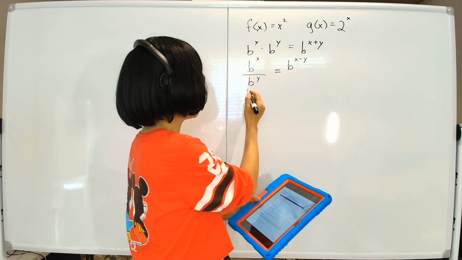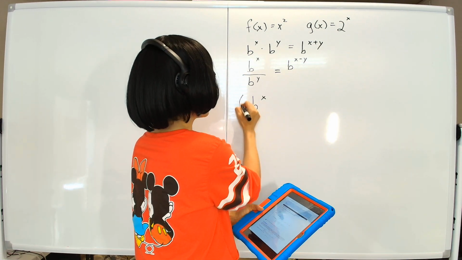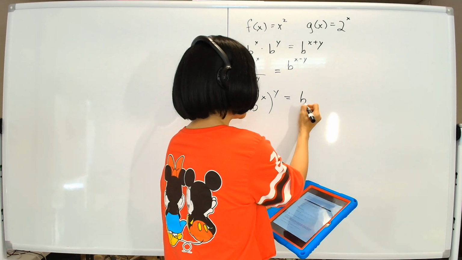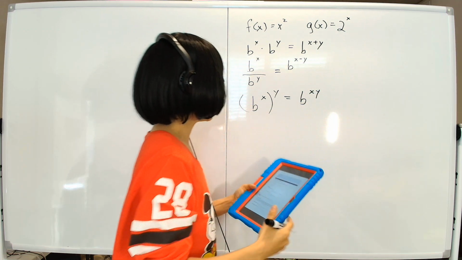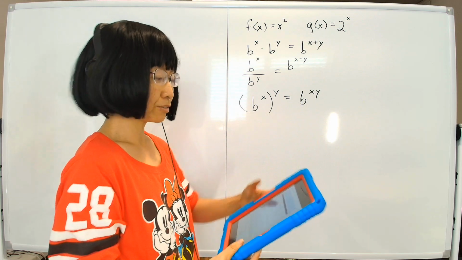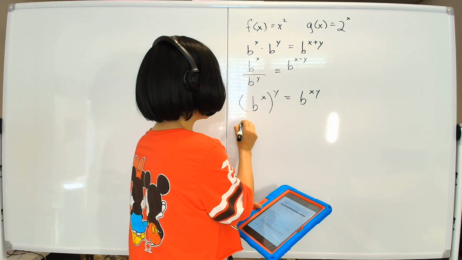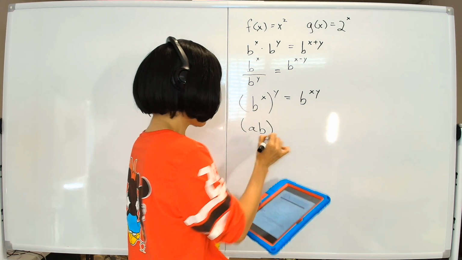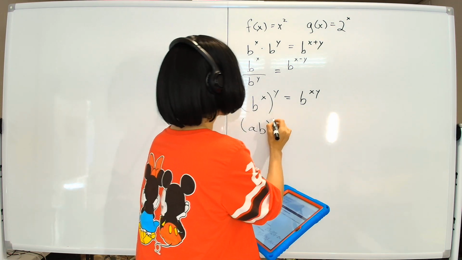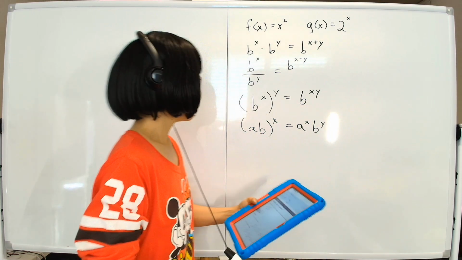Next, when you have a power, b to the x, all to the power y, that translates into multiplication, b to the xy. Notice b to the x itself is being raised to the power y, and that translates into multiplication. And the next rule is when you have two things multiplied together, (ab) to the x equals a to the x times b to the x.